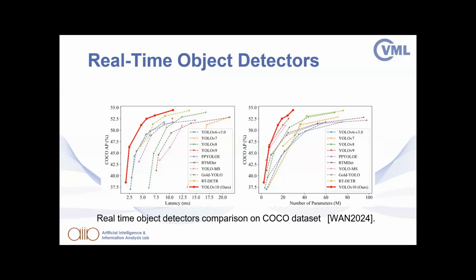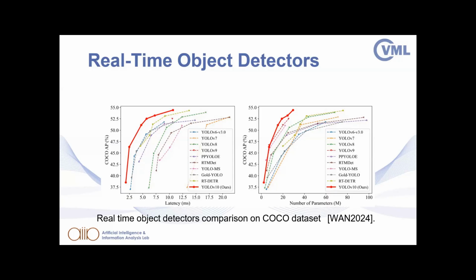Here we see a comparison of real-time object detectors using one well-known dataset, the COCO dataset, focusing on two key metrics: the latency and the model size. On the left, we see how average precision relates to latency. Or in simple words, the latency is the time each model takes to process an image.